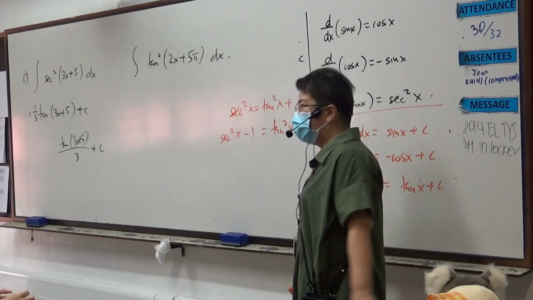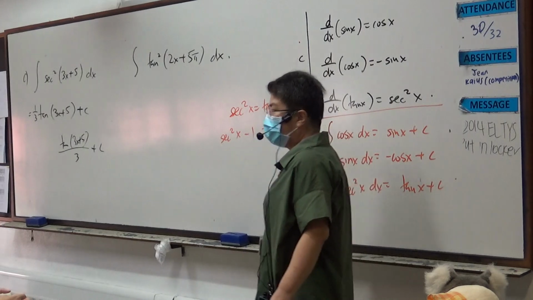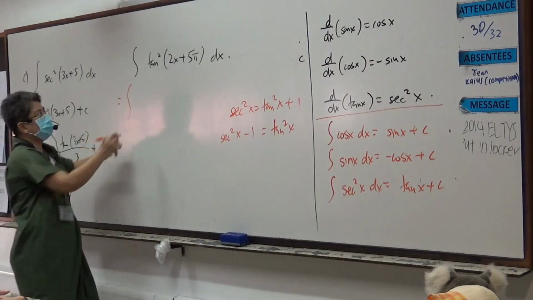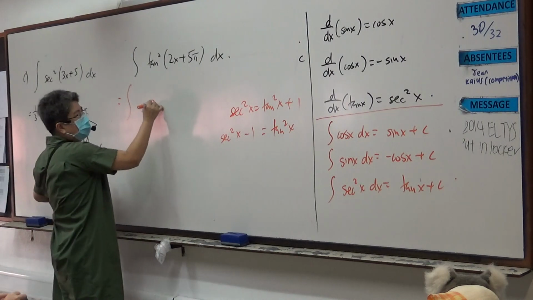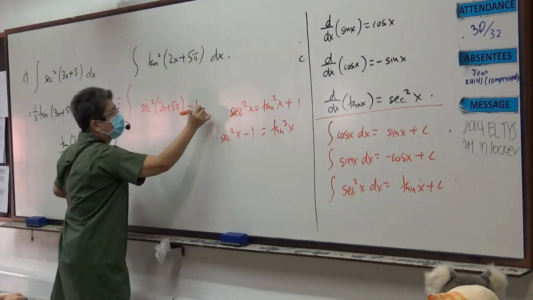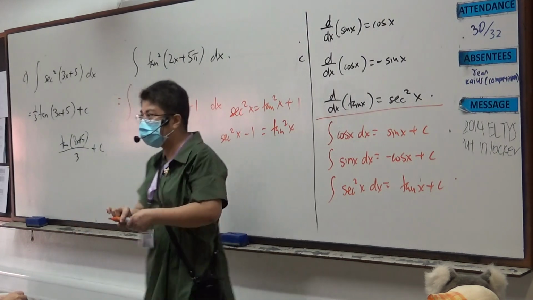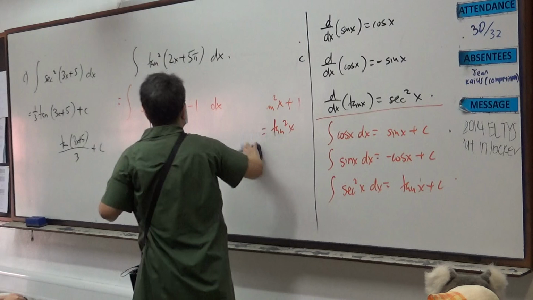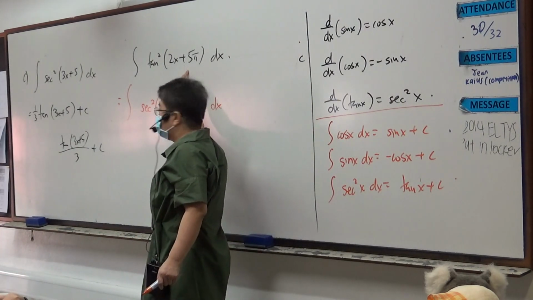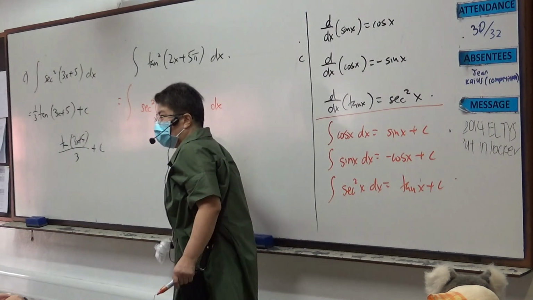Secant square x minus 1, right? Okay, so all of you look up. This one will become secant square, alright. Because I changed this tangent square to secant square, this is minus 1, correct?